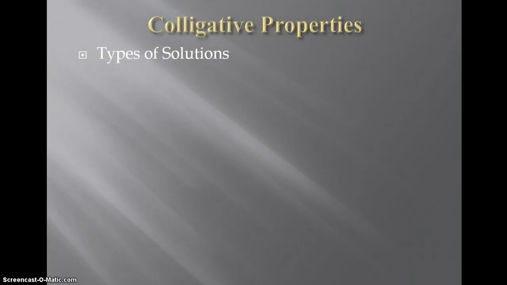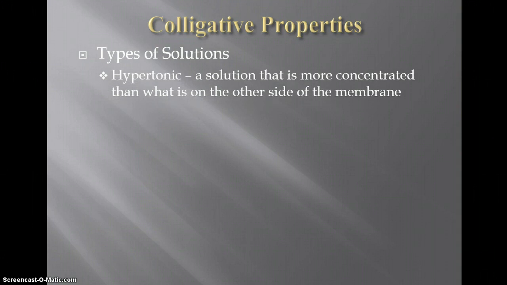All right, what we're going to take a look at now real quickly is just some basic terms for when this is happening. You may hear of solutions that are hypertonic. That's a solution that's more concentrated than what's on the other side of the membrane. So you have your membrane, and then you have what's on the other side of the membrane, and the surrounding solution is more concentrated.